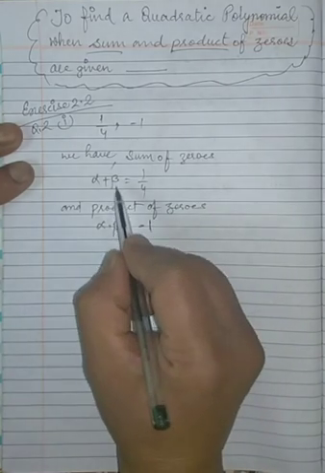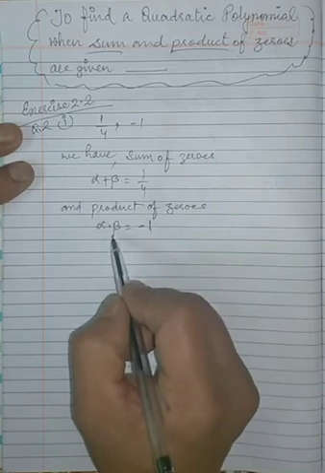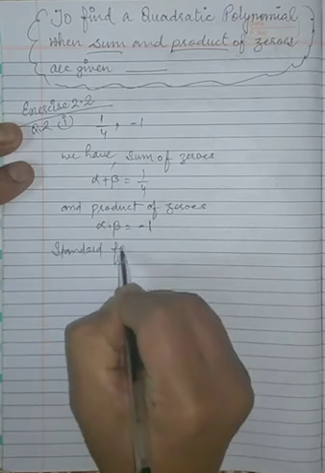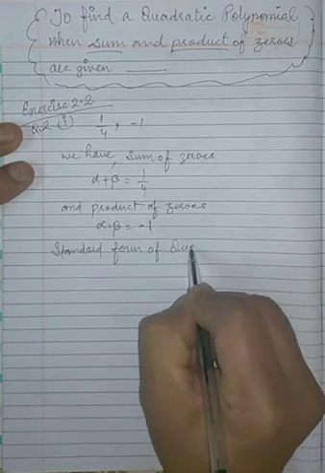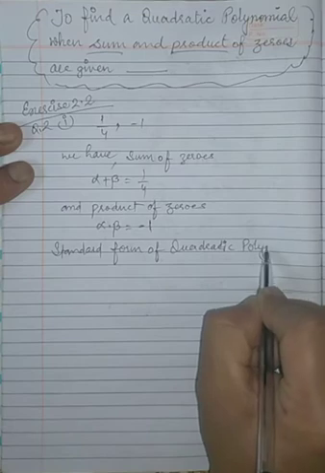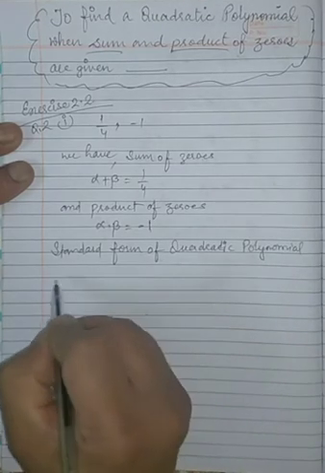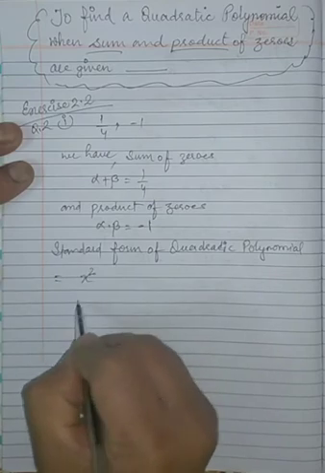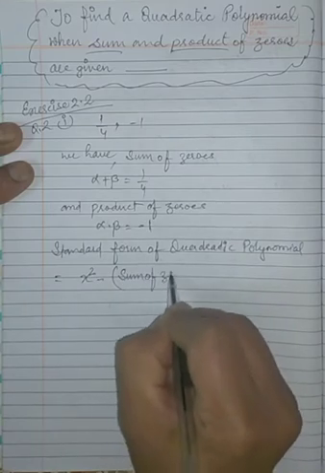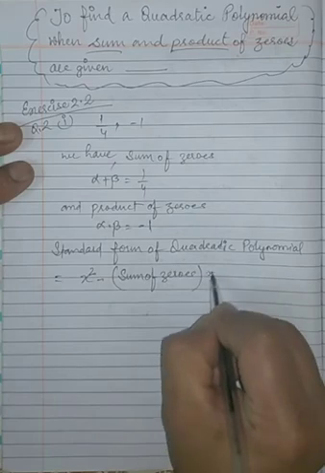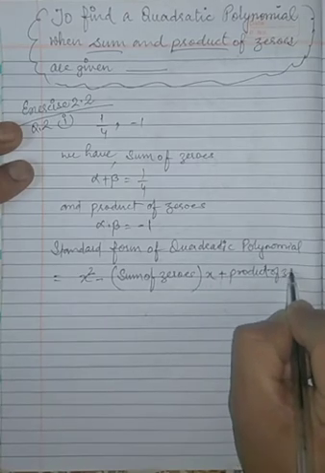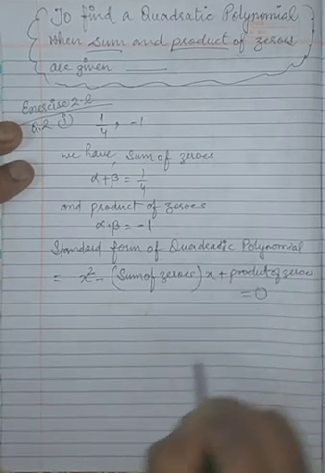Now whenever we are given the sum of zeros and product of zeros, to form the quadratic polynomial, the standard form of a quadratic polynomial is x square minus sum of zeros into x plus product of zeros is equal to 0.